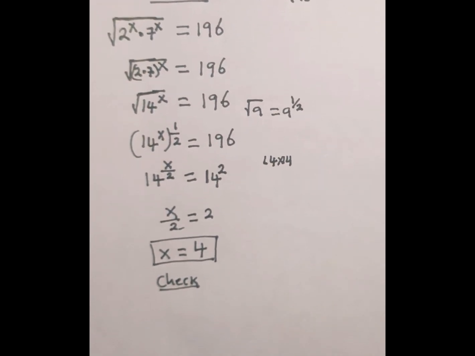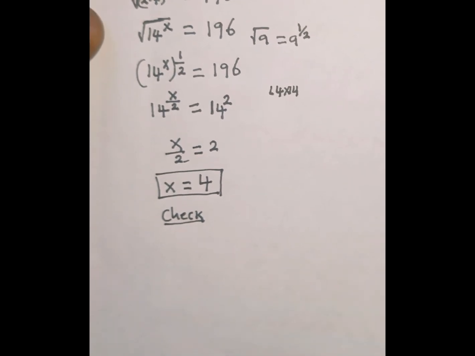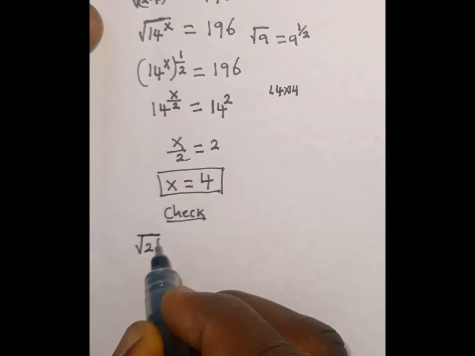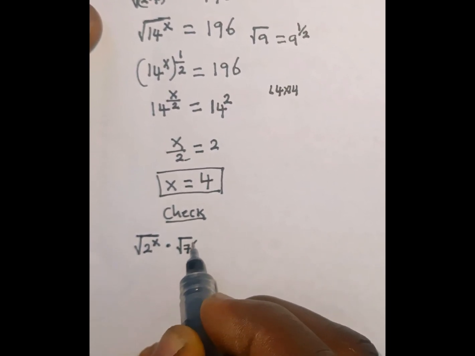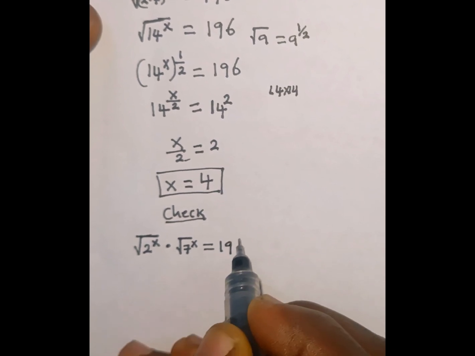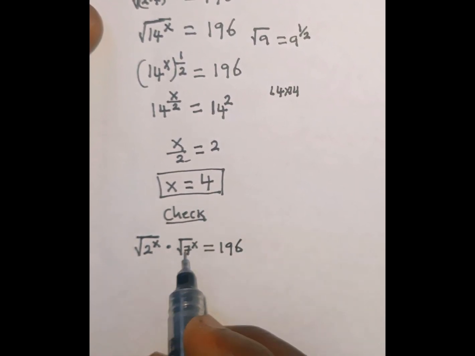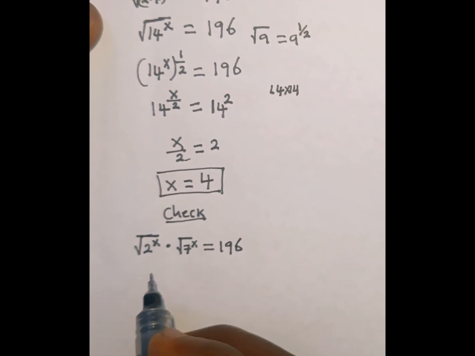We are going to rewrite the original equation, then we substitute the value of x. Now we substitute the value of x into the left hand side and see whether the left hand side will be the same as the right hand side.